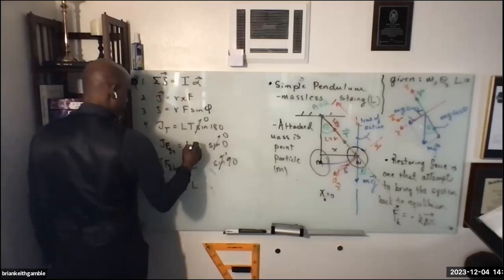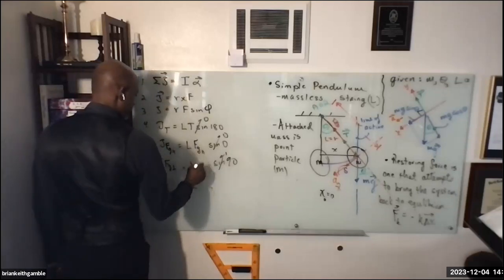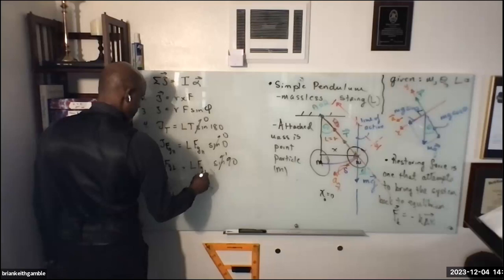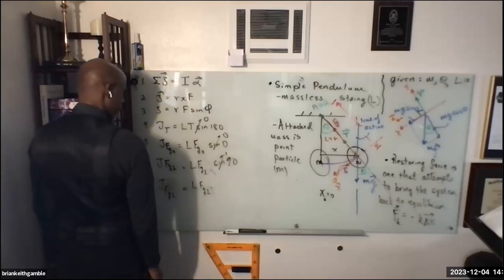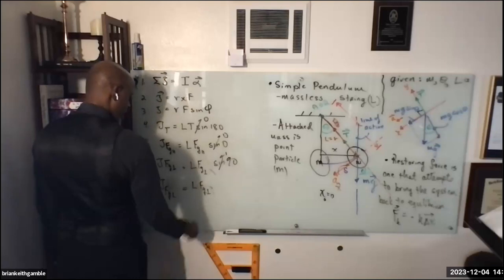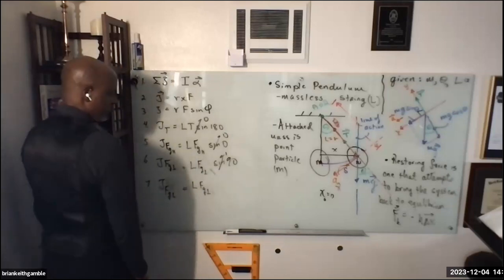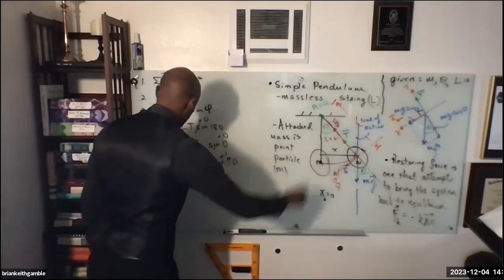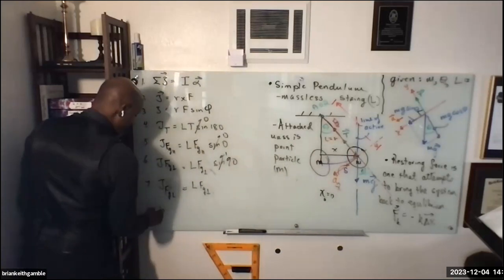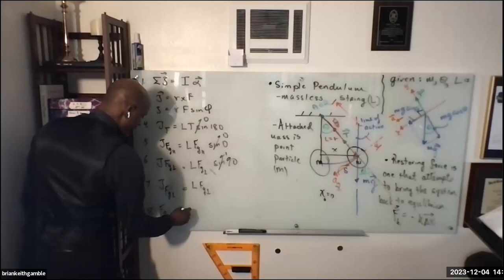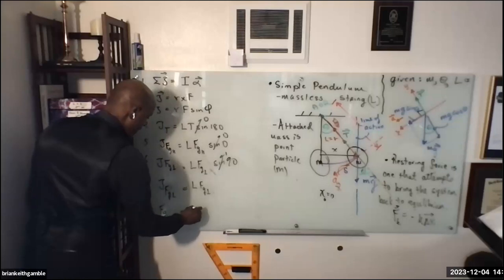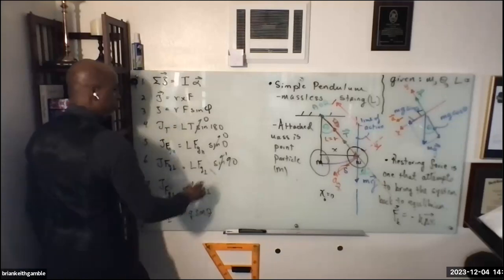So over here, that would have been FG parallel, FG perpendicular, and then FG perpendicular times L, that's it. L times FG perpendicular. And to remind you, FG perpendicular is defined as mg sine theta.